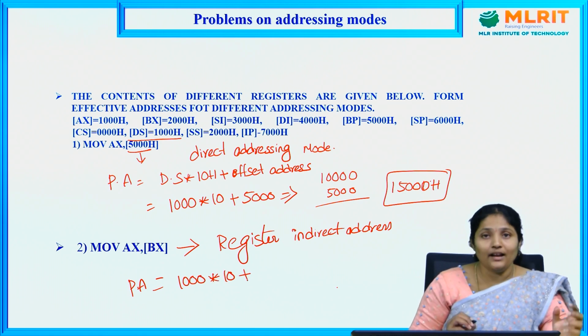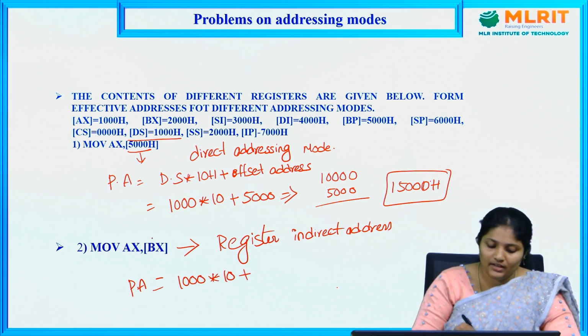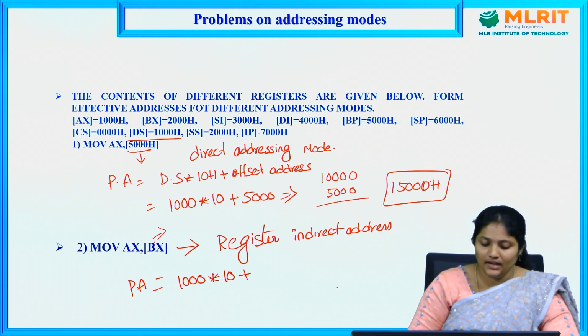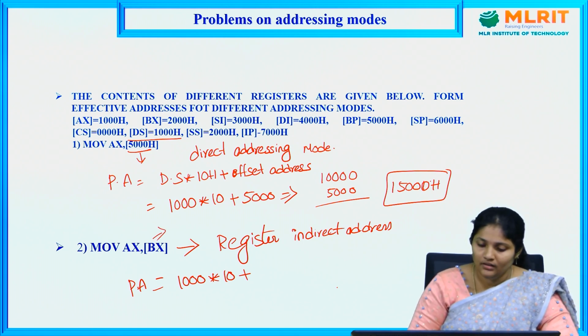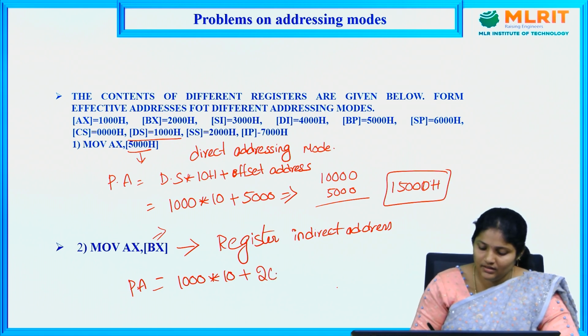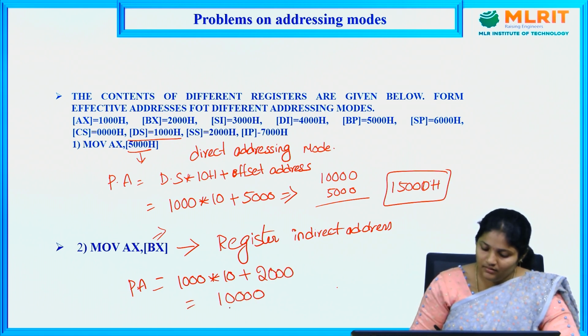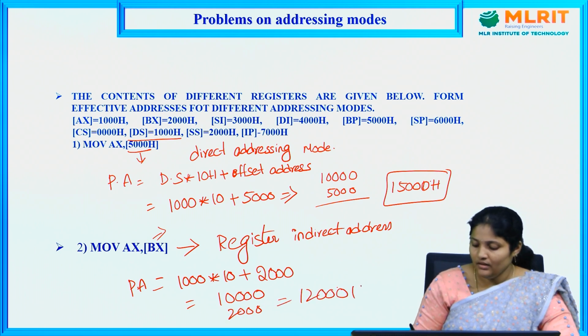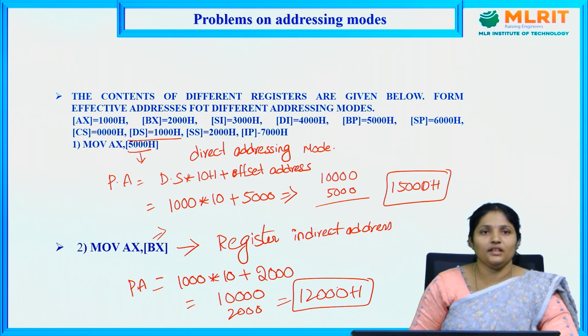And the offset address will always be present in the register BX, as the instruction has indirect BX. What is the value present in BX? It is 2000. So 10,000 plus 2000, which is nothing but 12,000, will be the physical address for this particular instruction.